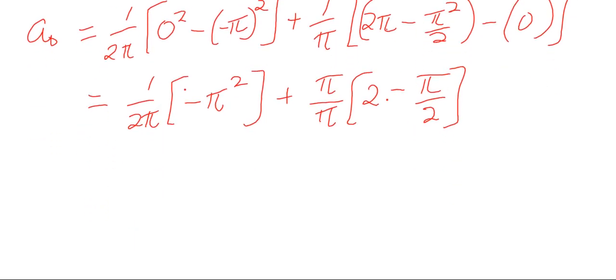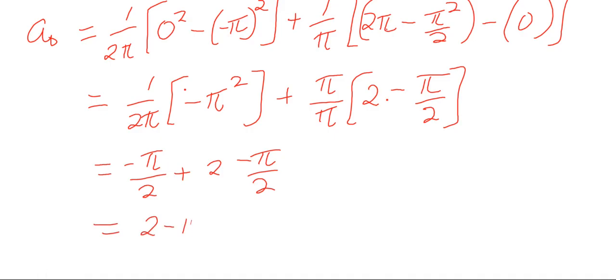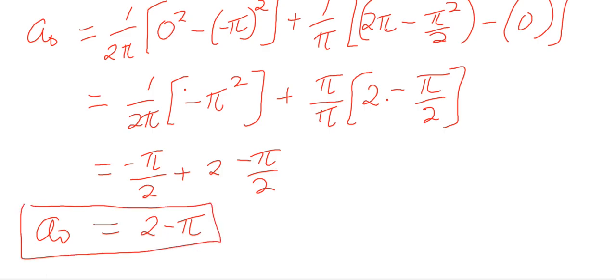This will give us pi over 2 here is negative. Then the other one will be plus 2 minus pi over 2. And the value of a naught becomes 2 minus pi. When we work out, that's the value of a naught.